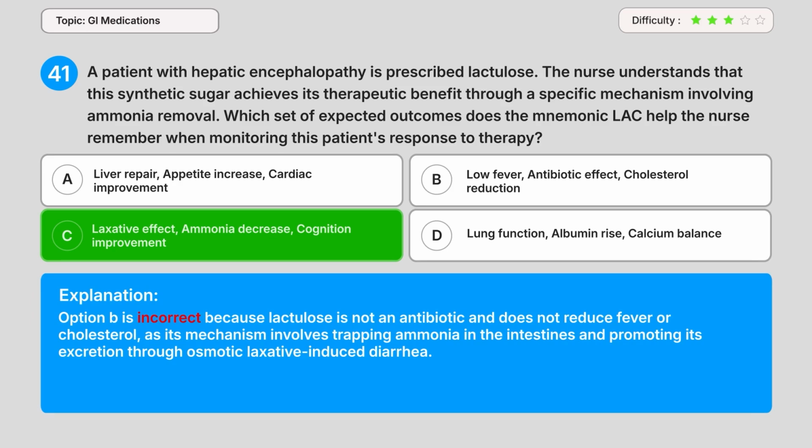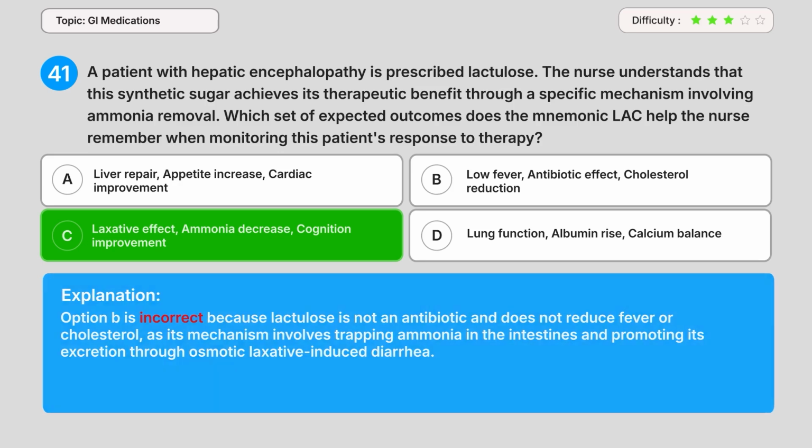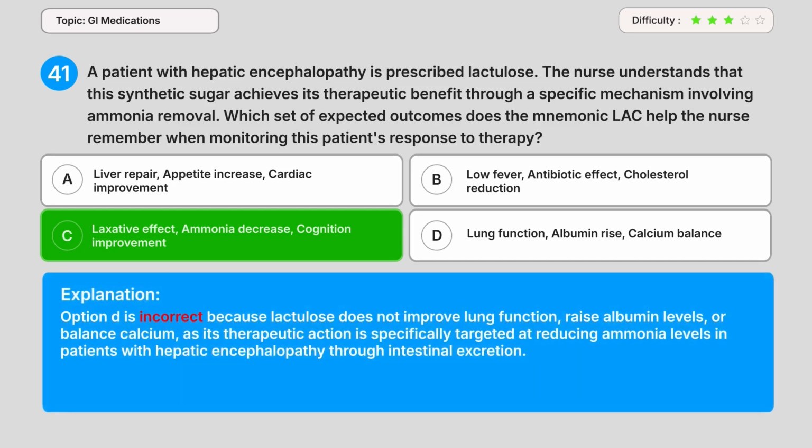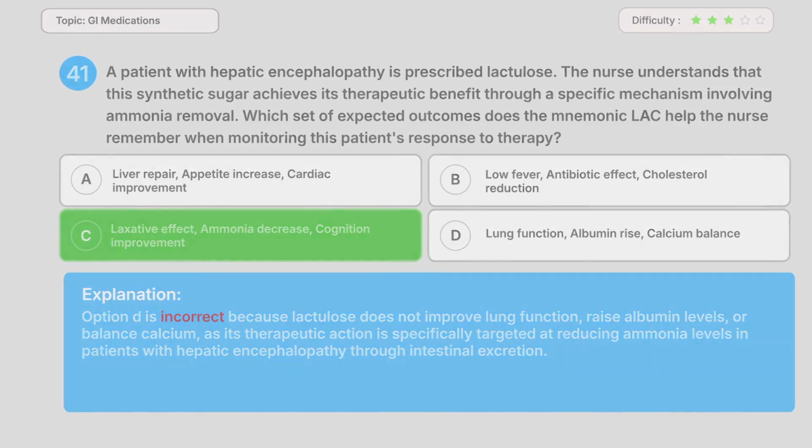Option B is incorrect because lactulose is not an antibiotic and does not reduce fever or cholesterol, as its mechanism involves trapping ammonia in the intestines and promoting its excretion through osmotic laxative-induced diarrhea. Option D is incorrect because lactulose does not improve lung function, raise albumin levels, or balance calcium, as its therapeutic action is specifically targeted at reducing ammonia levels in patients with hepatic encephalopathy through intestinal excretion.